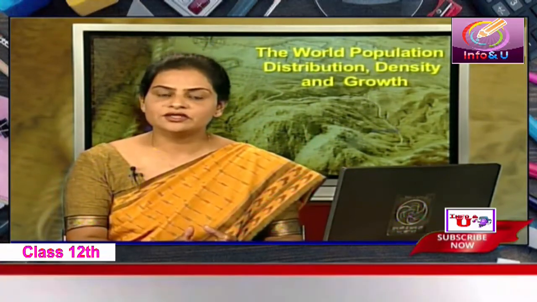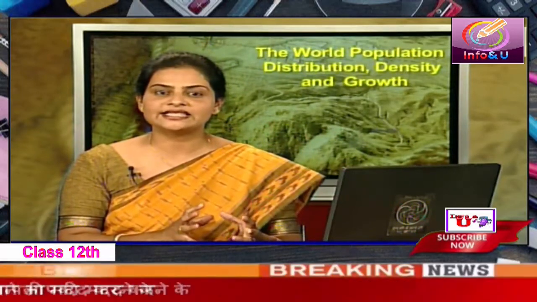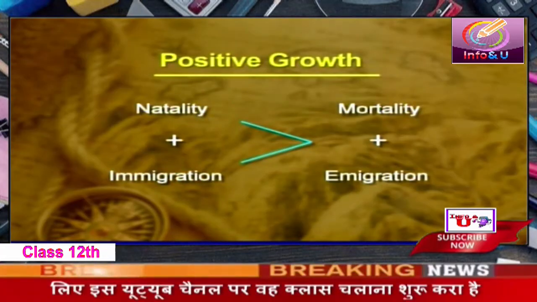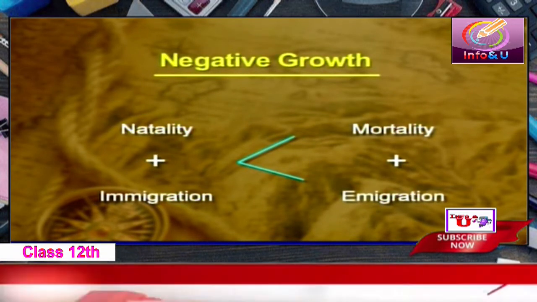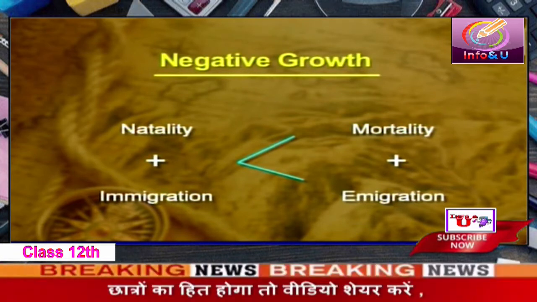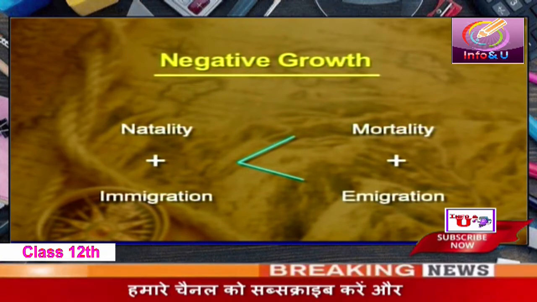We register a positive growth when the birth rate and immigration are larger than the death rate and emigration. The negative growth is registered when birth rate and immigration are smaller than the death rate and emigration.